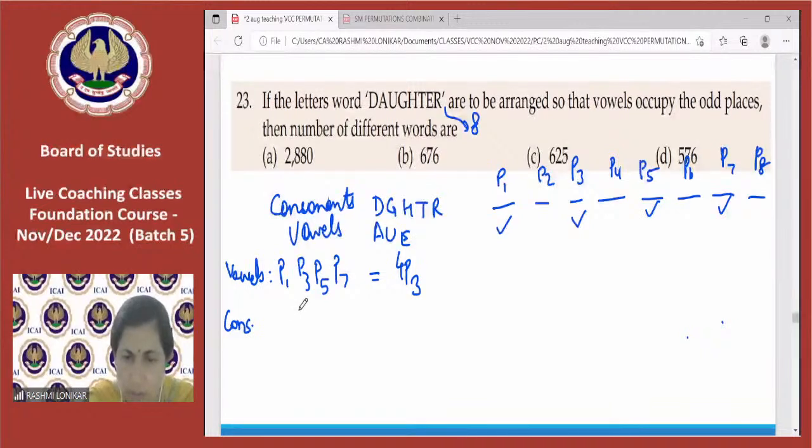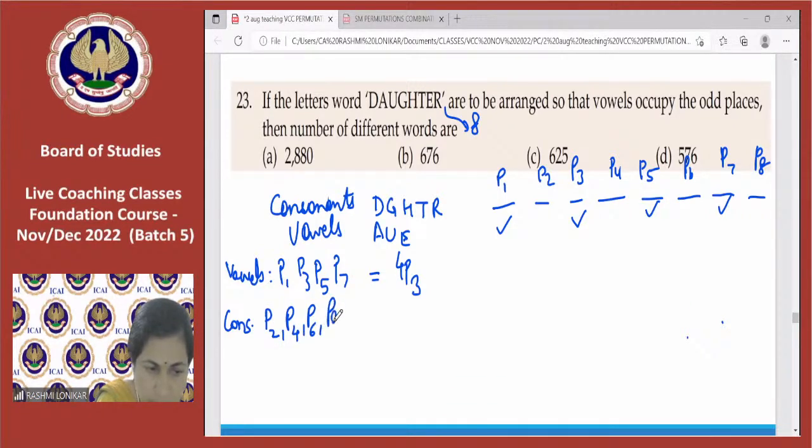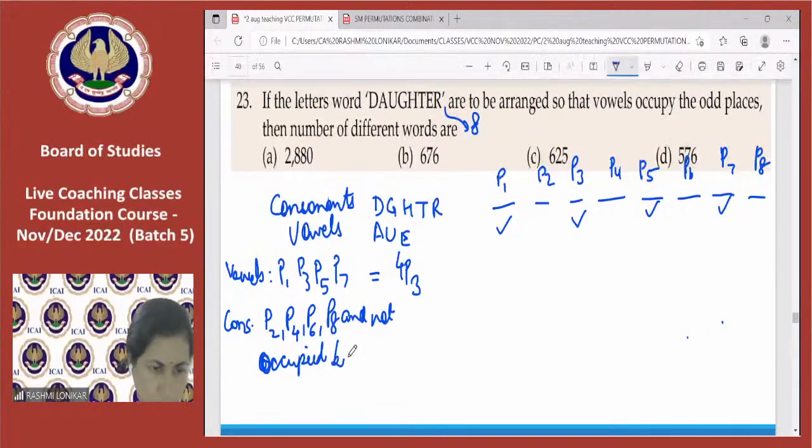P2, P4, P6 and P8. Okay. And the remaining are, out of this, whichever is available. So I have those numbers also. Okay. So I have consonants will occupy P2, P4, P6 and P8 and not occupied by vowels.